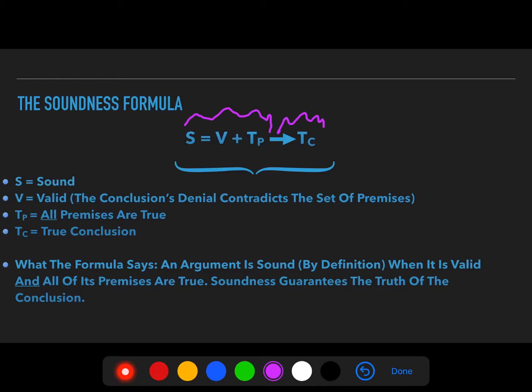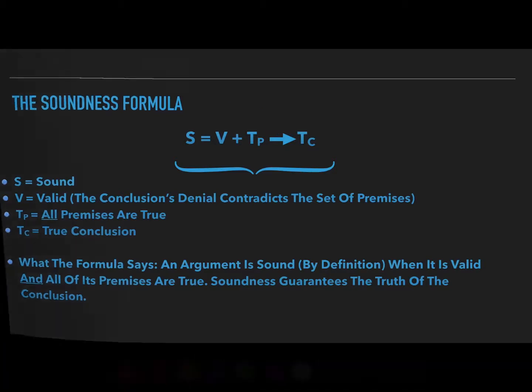So whenever the definition of soundness is satisfied, whenever you have a valid argument and all the premises are true, it will follow that the conclusion is true, even though the definition of soundness says nothing about the conclusion itself. Okay, so that last part, the arrow to T sub C, is not part of the definition of soundness. It's what soundness implies. So that's an important qualification.